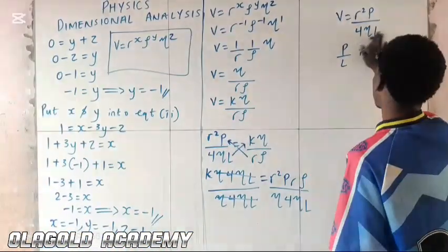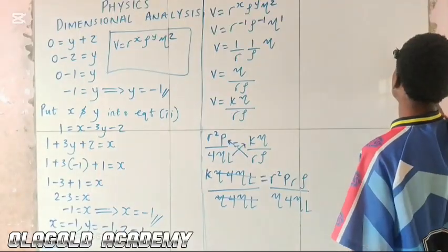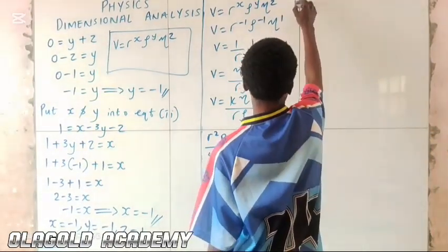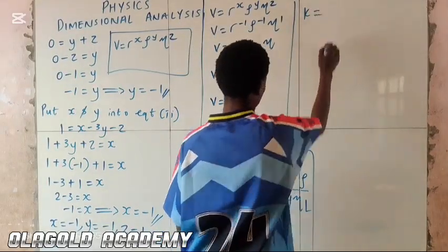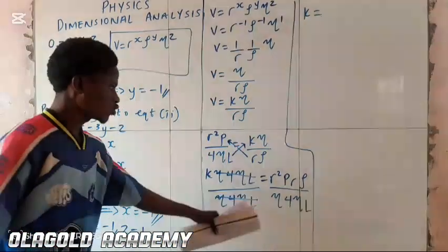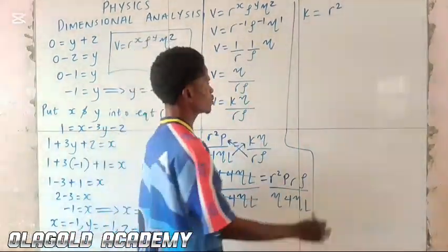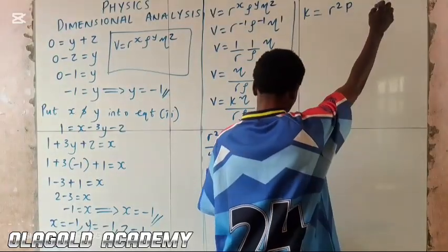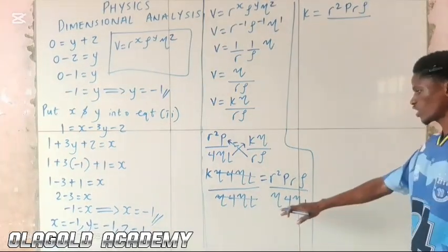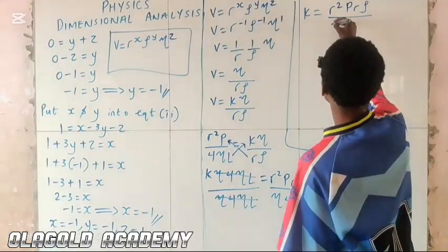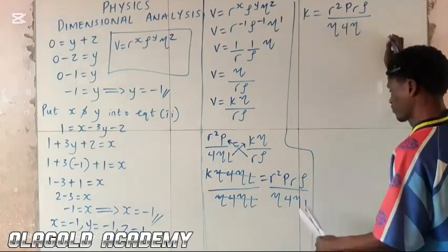So we're going to have k equal to r squared p, r multiplied by rho over eta multiplied by 4 multiplied by eta multiplied by l.